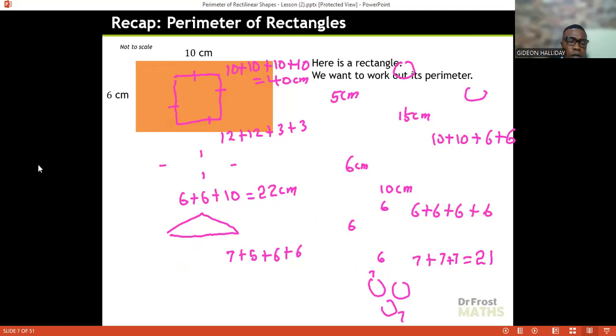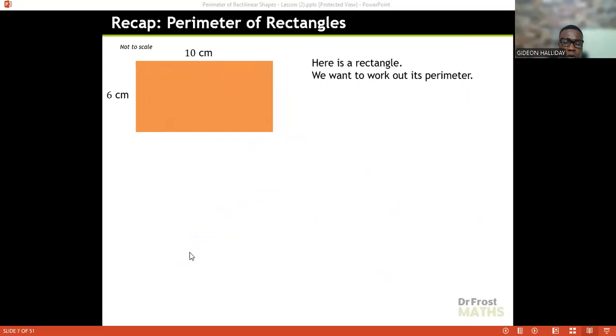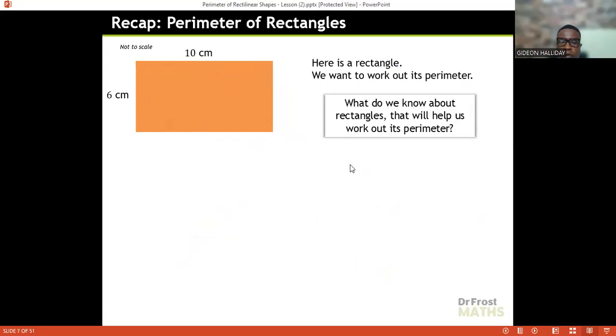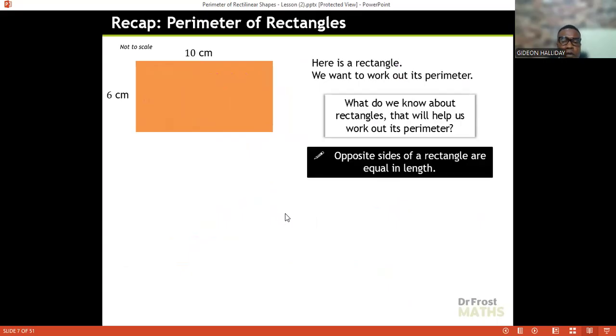Now, let's see if there's a formula to calculate the perimeter of a rectangle. So we want to work out its perimeter. So what do we know about rectangles, right? We know that opposite sides of a rectangle are equal in length.